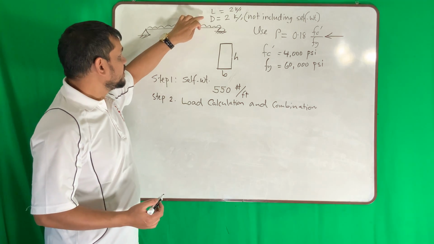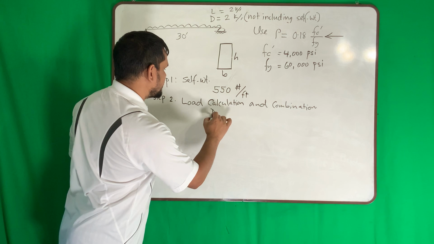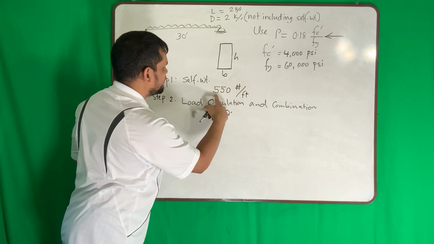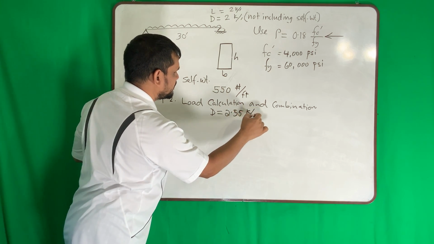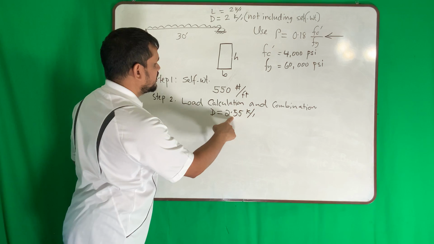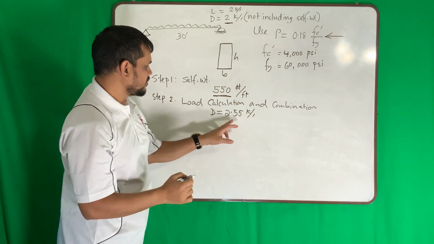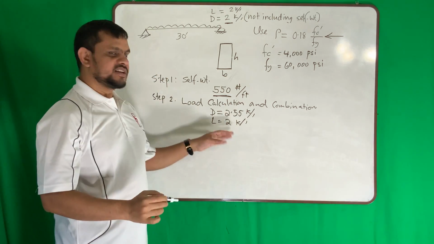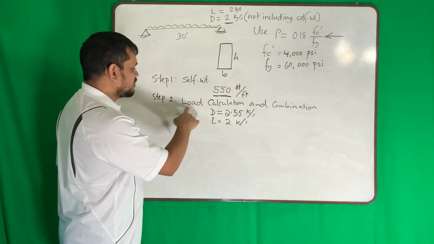We do not need to calculate. Now, if I include self weight, my dead load will be how much? Dead load will be 2 plus 0.55, right? 2.55 kip per feet. Self weight plus my 2, and live load will be 2 kip per feet. That is my service load. Now I have to factor it with load combination.